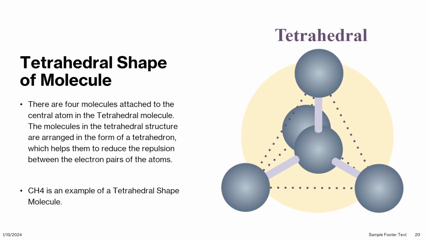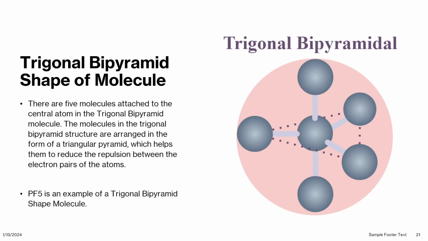We have the tetrahedral shape, such as in the methane molecule. We tend to have a trigonal bipyramidal structure when we have five species attached to a central atom, for example in phosphorus pentafluoride. So that is another one there.